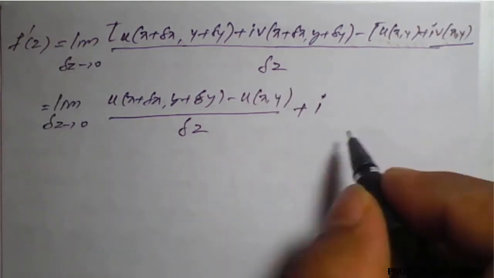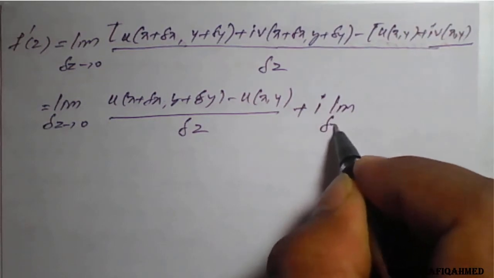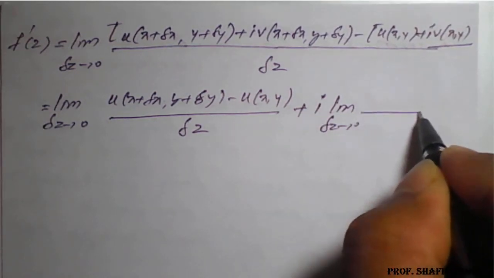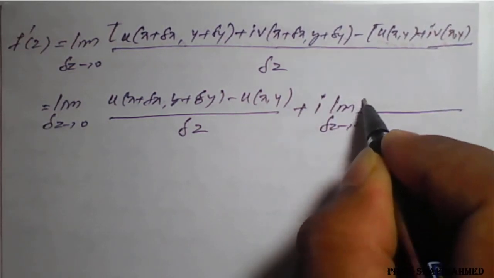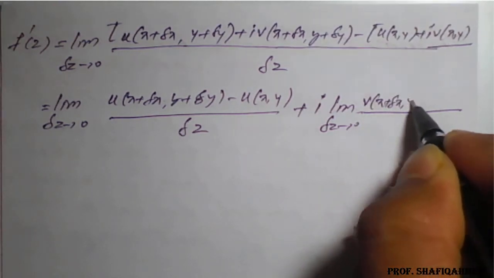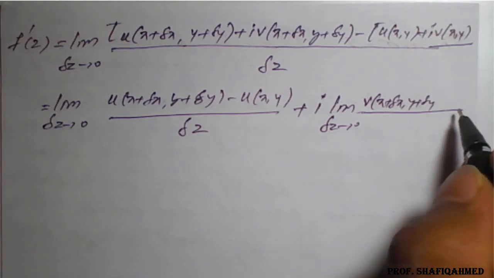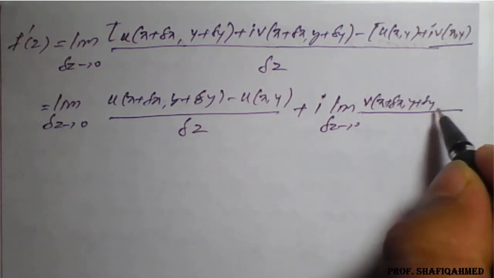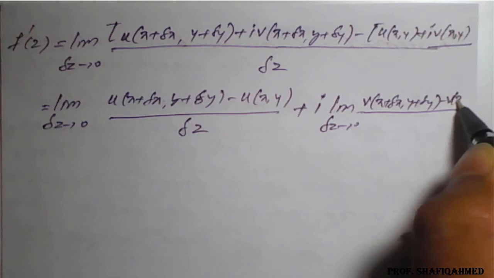I will multiply this limit also: limit as delta z tends to 0 of v of x plus delta x, y plus delta y, minus v of x comma y.